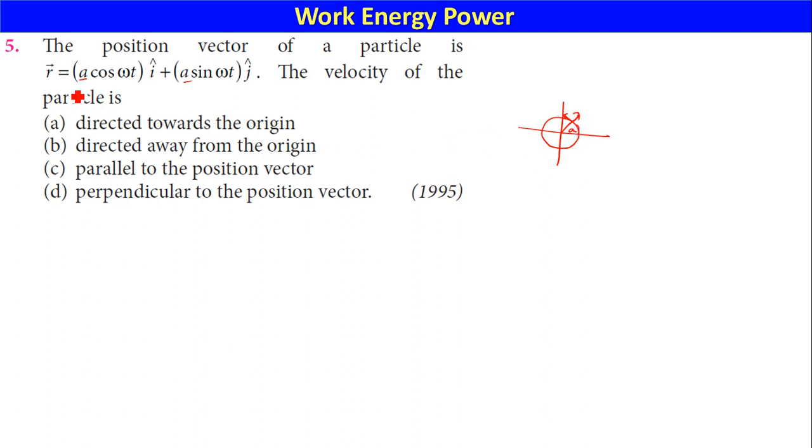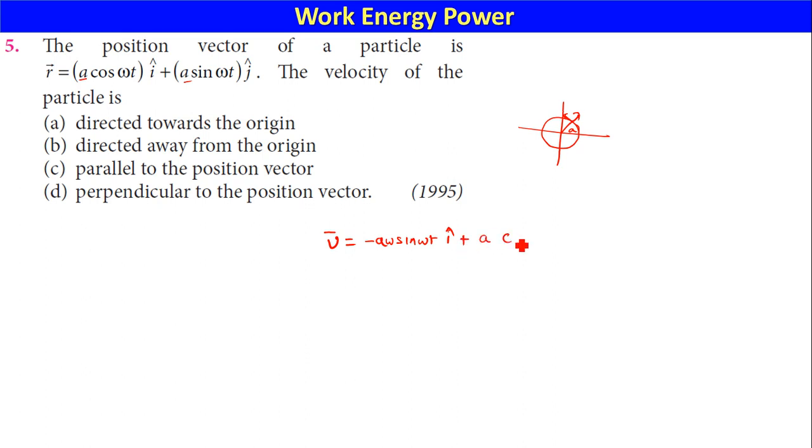Even if you find out, let us find out what you will get. Velocity v is equal to a cos omega t i cap. Sorry, you have to differentiate, no? A is already constant. If you differentiate cos omega t, you get minus sin omega t, and one omega extra, i cap, plus a is already there.